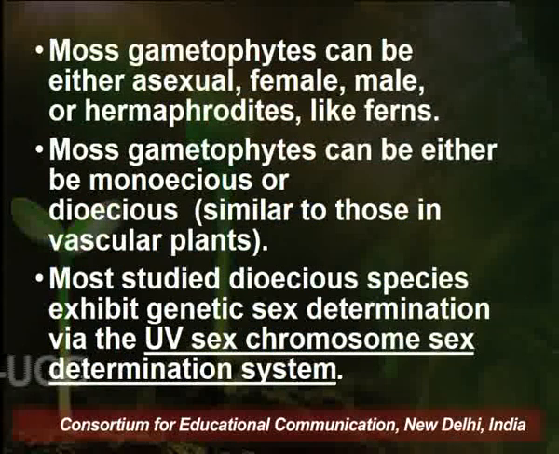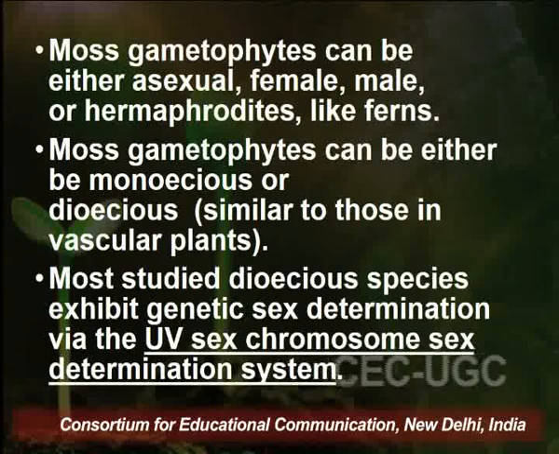When we consider a sex determination mechanism in mosses, there are some very interesting facts which have come to light. Learners, you will be surprised to know that the sex chromosomes were reported in Sphaerocarpos as early as 1917 by Allen. But most of the gametophytes in mosses, we say, are going to be asexually reproducing, and they could be males or females or even hermaphrodites like ferns.